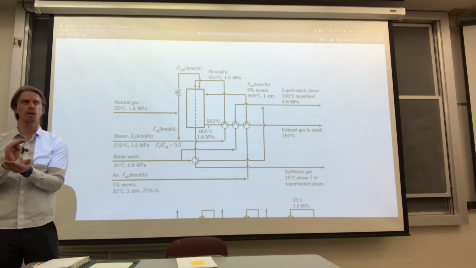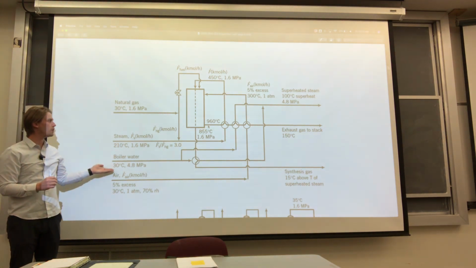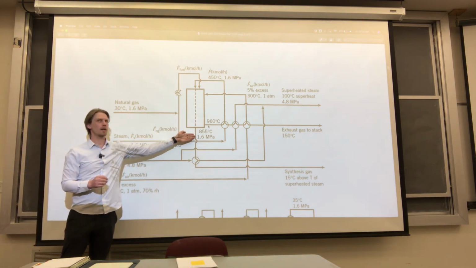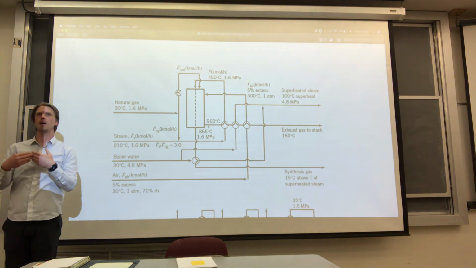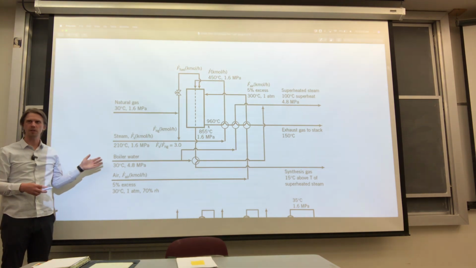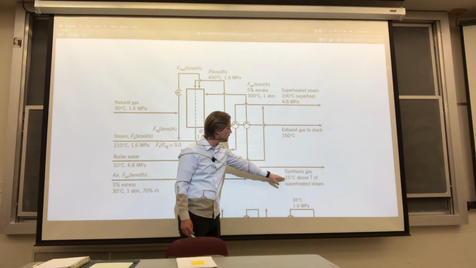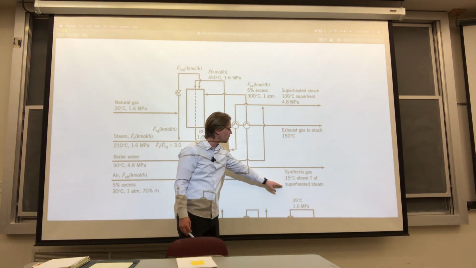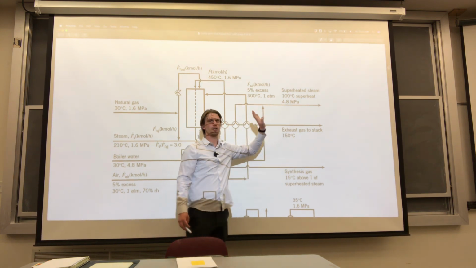It doesn't go from cold to hot. If it goes from cold to hot, you violate the second law of thermodynamics. So if I need to transfer energy from the reactor effluent here to the steam, that means it has to be hotter. When you design heat exchangers, you design them based on a certain temperature difference. That's why the design specification here says it's 15 degrees above the temperature of the superheated steam. This one is 100 degrees above the saturation temperature.